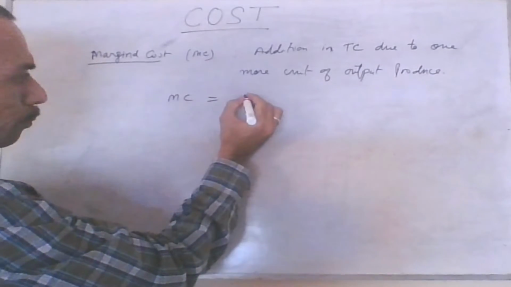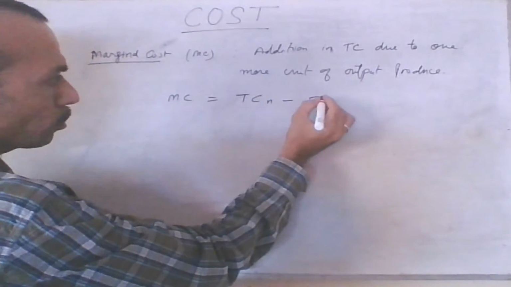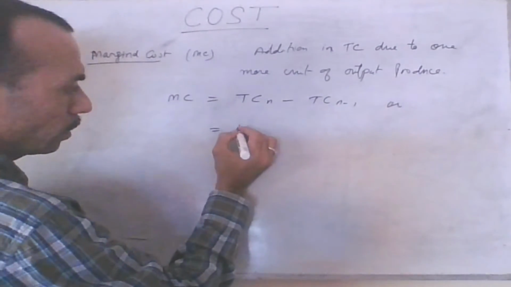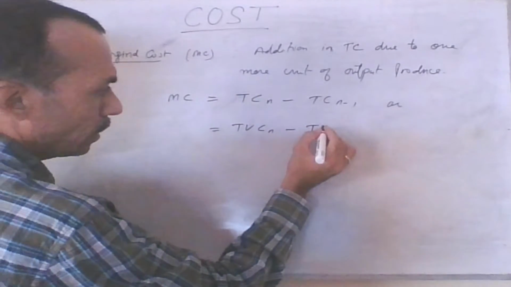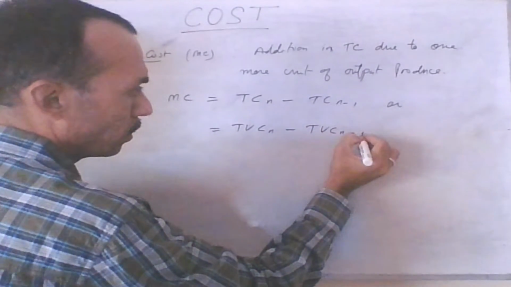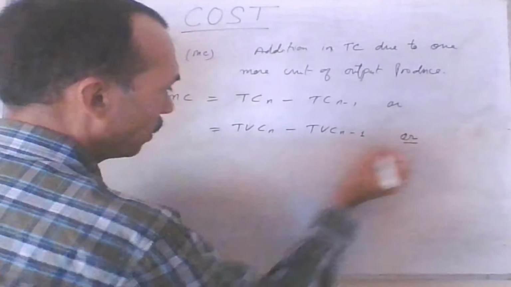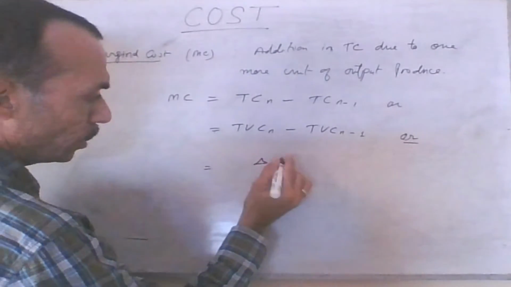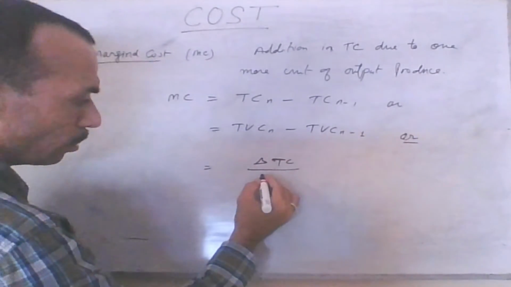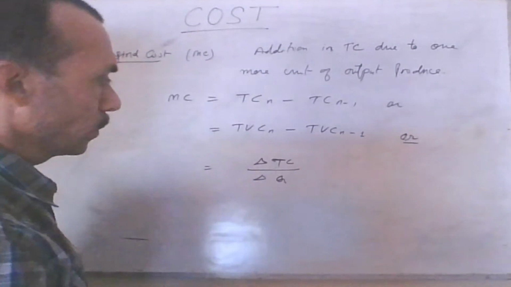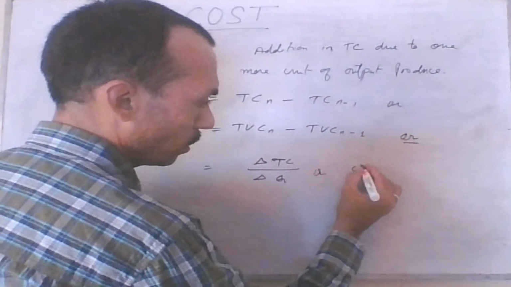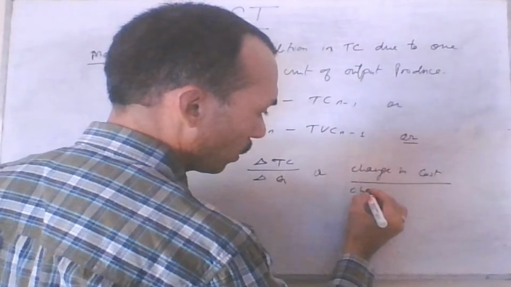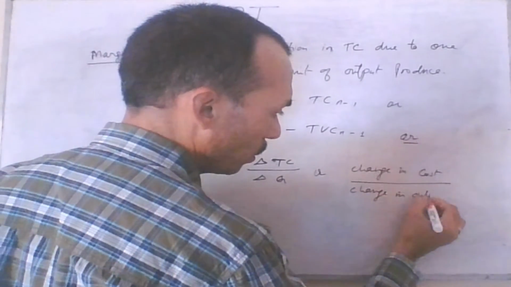MC equals total cost n minus total cost n minus 1, or you simply calculate MC equals TVC n minus TVC n minus 1, or simply MC equals delta total cost, the change in total cost, upon delta output, the change in output.